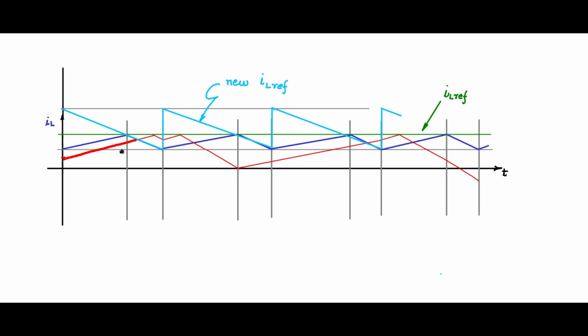So it goes parallel, and now hits the boundary here. It hits the IL reference here, and at this point it tries to cross over, and the comparator error goes negative. The comparator output will see to it that the reset of the SR latch is asserted and resets the Q value.